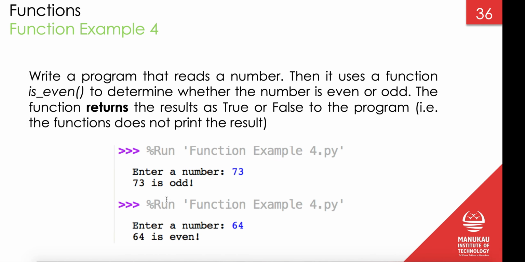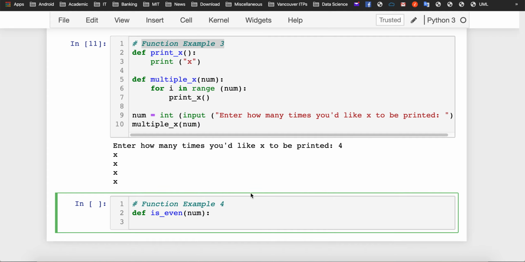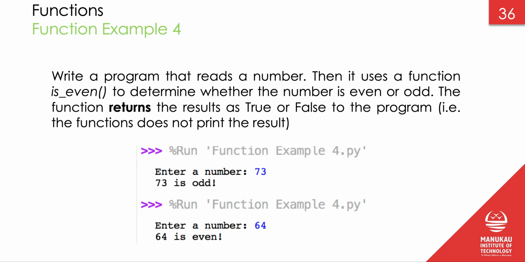I assume this is number 4, correct? So the first thing is to define our function. It receives a number, and the function returns true if the number is even. It returns false if the number is odd.